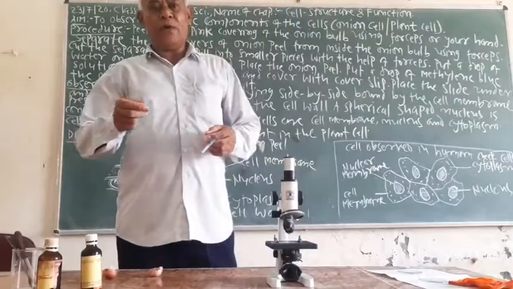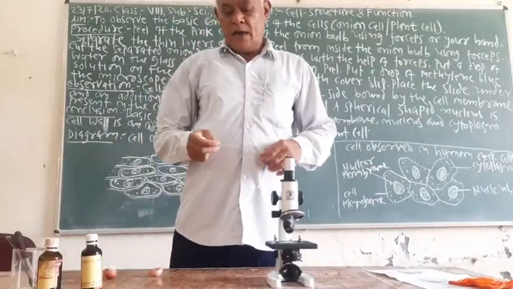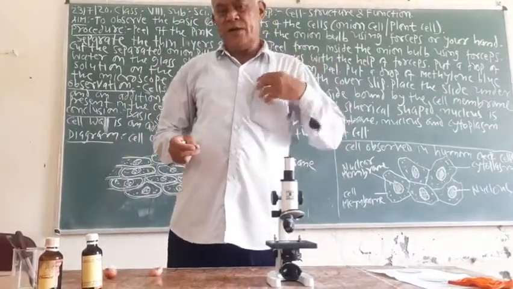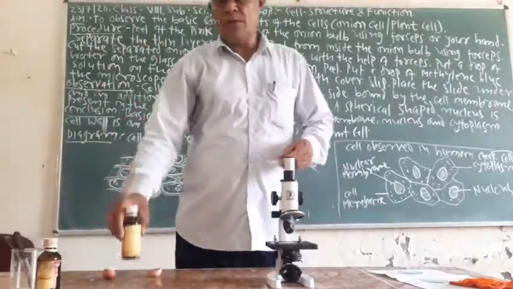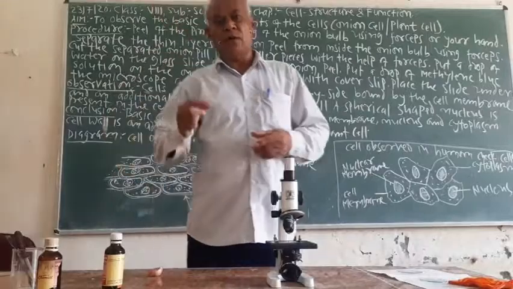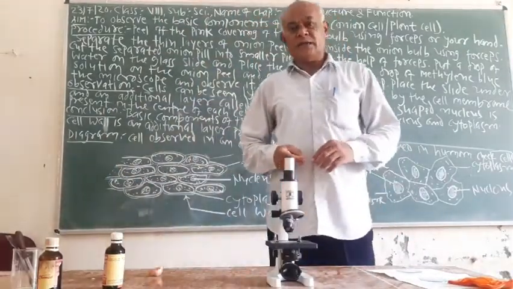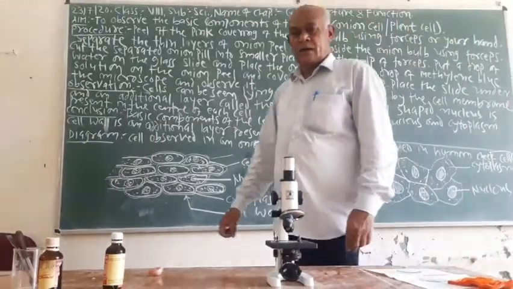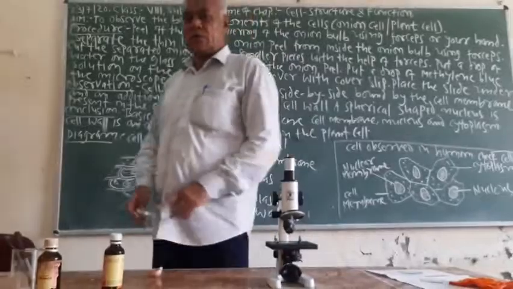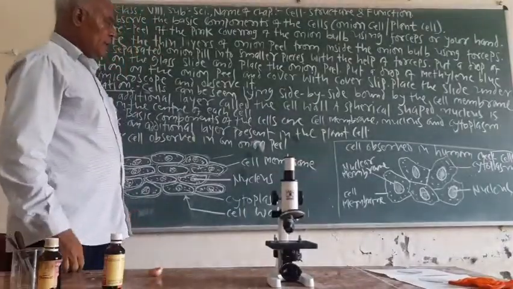Now we put a drop of water on it and as a stain one drop of methylene blue or one drop of iodine is also put on the slide. After covering the slide, we observe the slide under the microscope and observations are there.